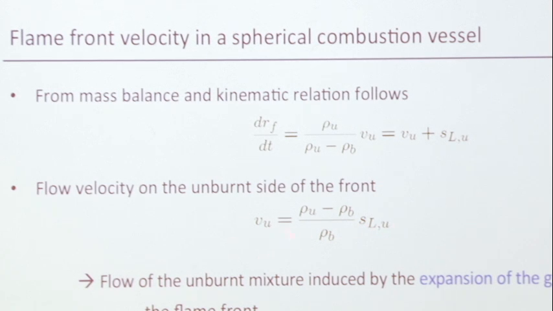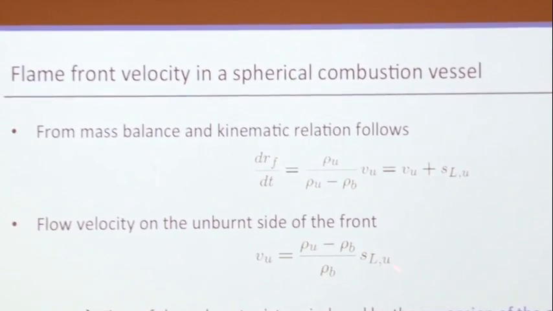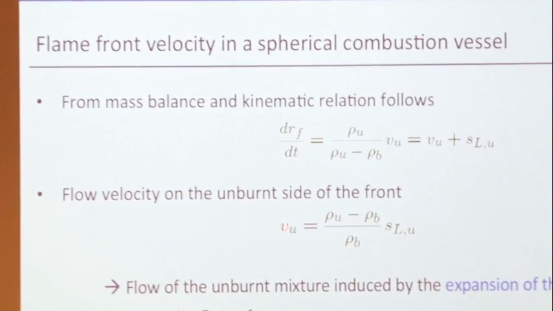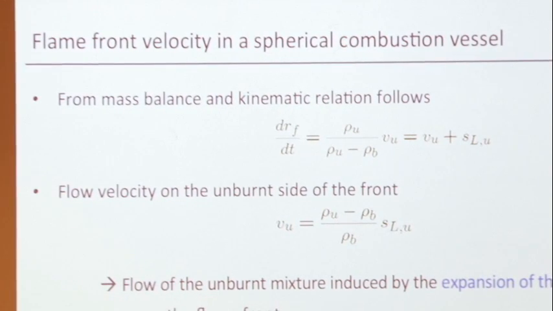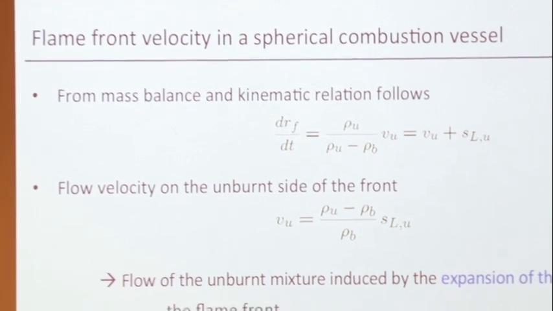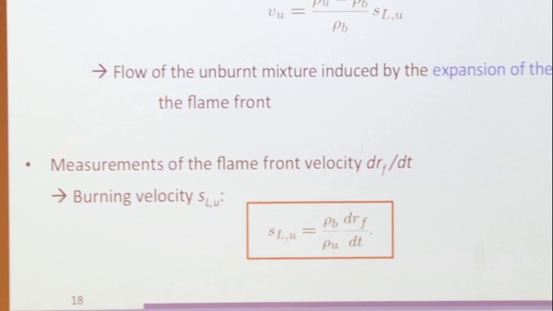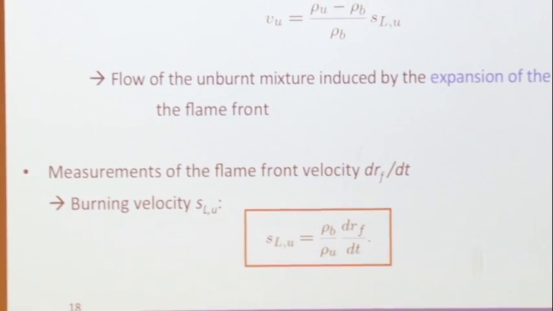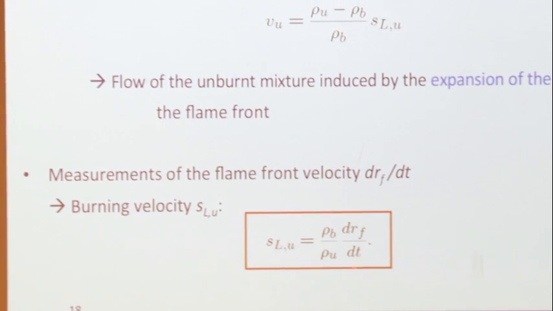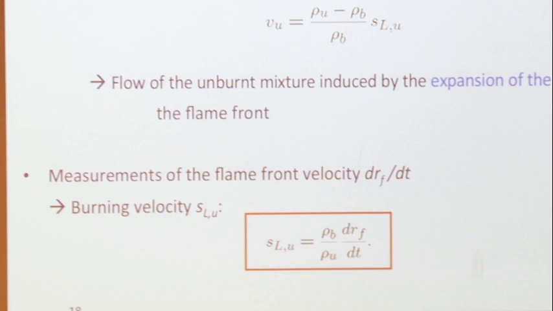So this is the flow in the unburned mixture that's induced by the gas expansion. Now I can plug this back into the kinematic relation, and I get SL in the unburned is rho B over rho U times this displacement speed. Okay, that's basically the final result. So what you measure is the RDT, and what you get out of it is this SL value.